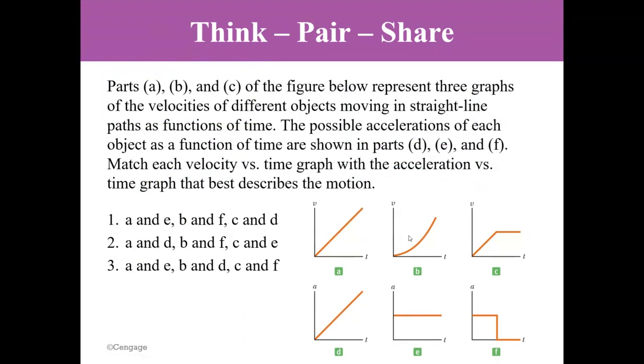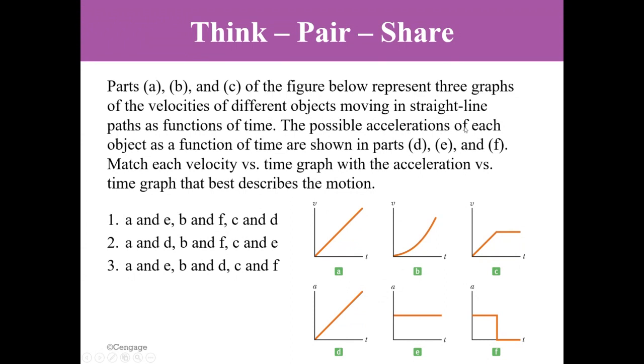Check your understanding. A, B, C, D, E, F. We have these graphs. Parts A, B, and C of the figure below represent three graphs of the velocities of different objects moving in a straight line as functions of time.